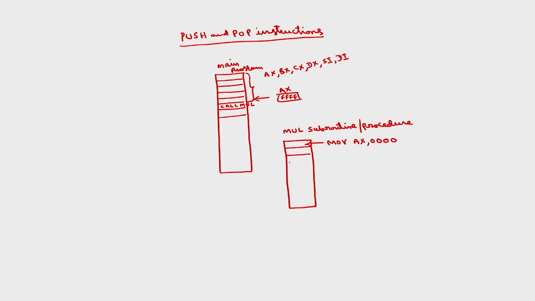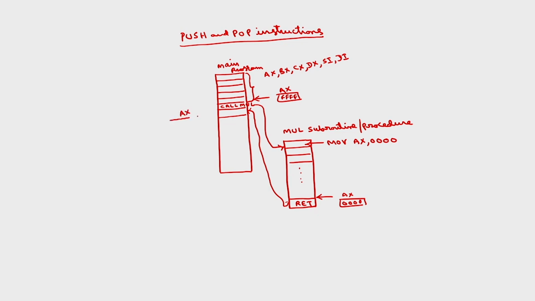After the execution of this subroutine, the last instruction is written, and the microprocessor control comes back after the call instruction; after the return instruction it will go to the next instruction. Till this point the AX contents were FF. Suppose at the end of the subroutine, before the return instruction, AX contains 0000 because I used it in the subroutine. While returning back, what will be the contents of AX?